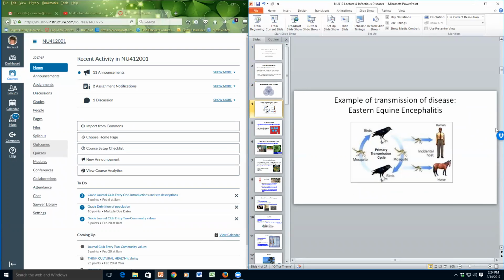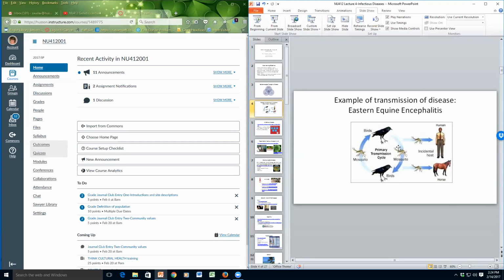Here's a graphic description of how Eastern equine encephalitis is transmitted. If you look at the left side of the picture, you'll notice that the primary transmission cycle is between birds to a mosquito to birds, back to mosquito and birds. So it's a cycle of transmission.